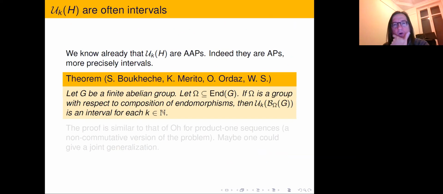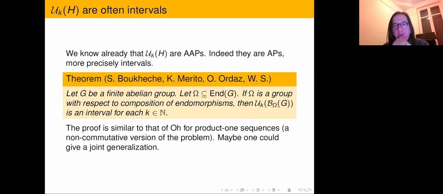Then one can show that in this case, as well as in some other already known cases, one knows from the general theory that these sets are almost arithmetic progressions, but for this particular type of monoid, one can show that they are arithmetic progressions, in fact with difference 1, which is somehow the best one can hope for.